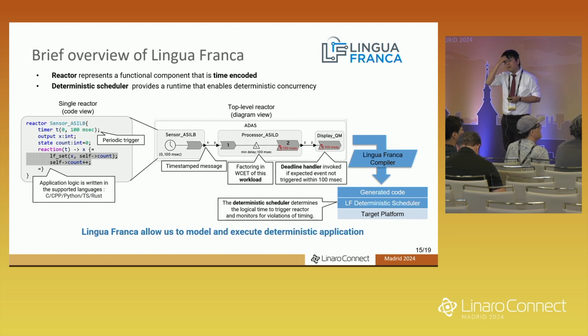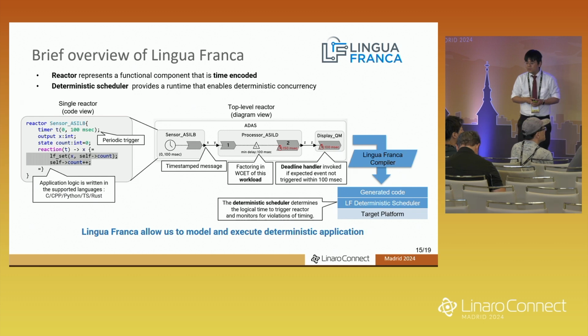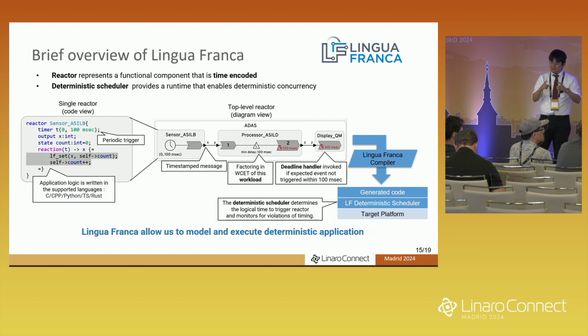In Lingua Franca, a reactor represents a functional component that is time encoded, and Lingua Franca has a deterministic scheduler that provides a runtime enabling deterministic concurrency. The left side figure shows a simple single reactor.